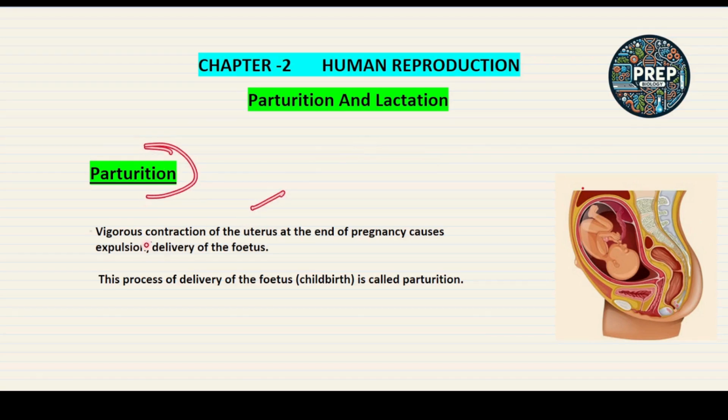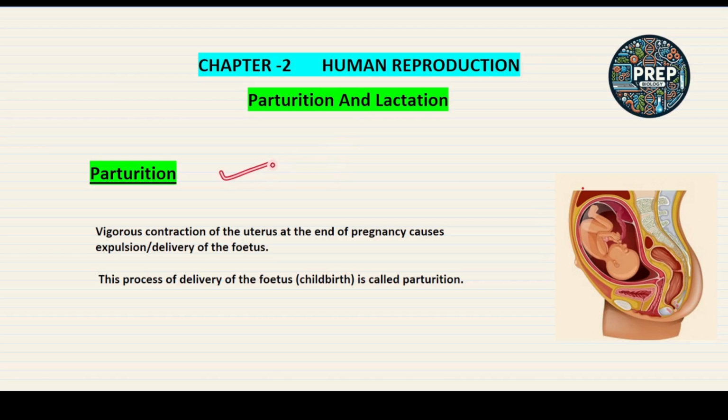The vigorous contraction of the uterus at the end of the pregnancy causes expulsion, delivery of the fetus. This process of the delivery of the fetus is called parturition. When the fetus is fully developed, contraction begins in the uterus of the female body, and contraction leads to the delivery of the fetus from the birth canal.